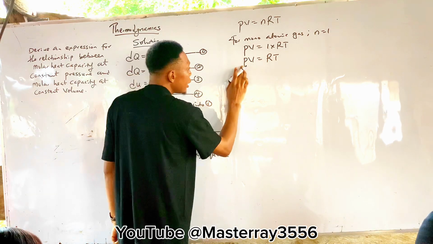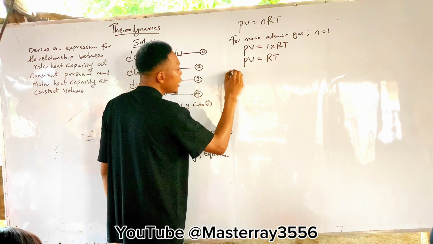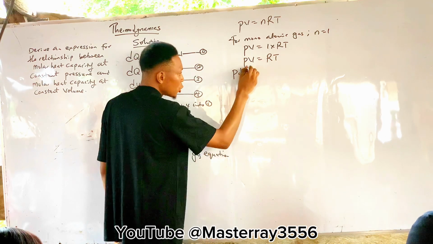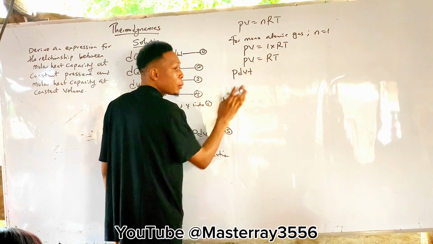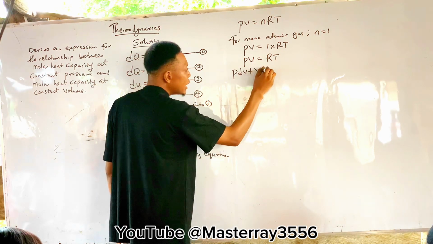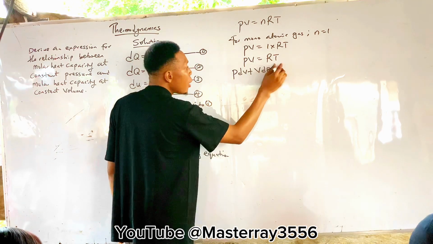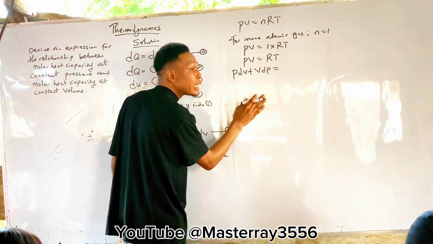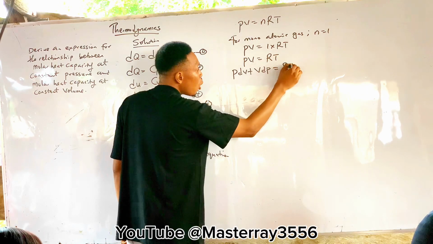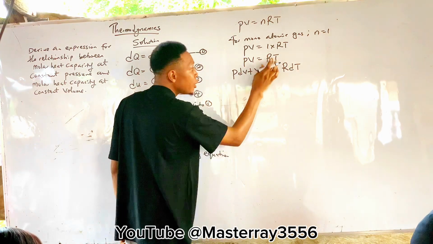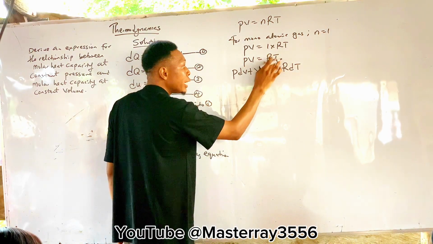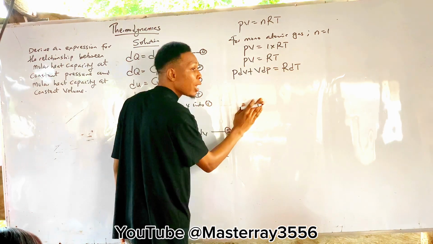Whenever you integrate with respect to V, we are going to have P dV plus, when integrating with respect to P, V dP. And in this way, you are only integrating R with respect to T, which becomes R dT. Are you following?